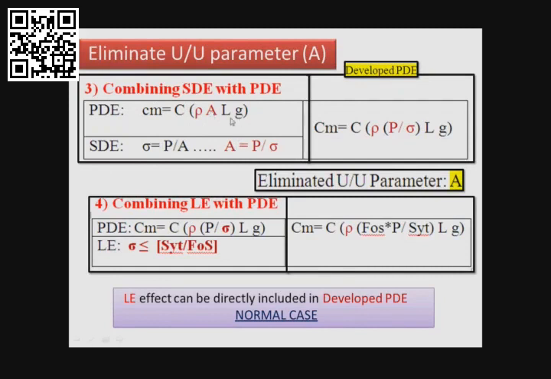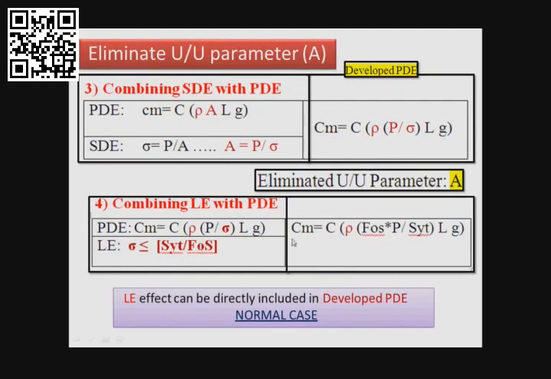Instead of A, you substitute P by sigma. And again for the sigma value from the limiting equation, sigma is equal to SYT upon FOS, so instead of sigma we substitute SYT upon FOS.